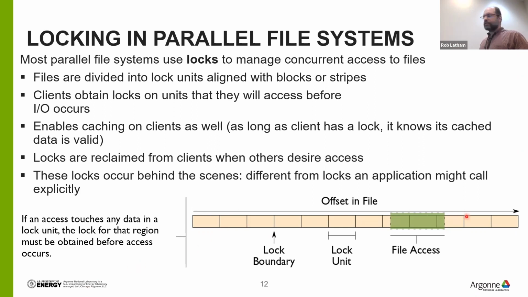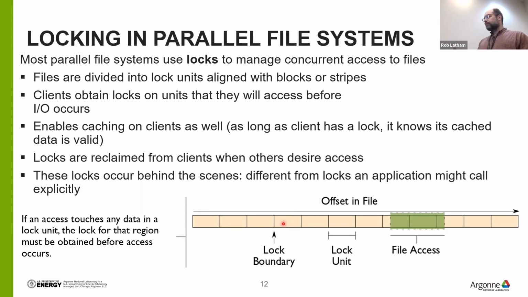You can picture a file, and it's split among the different units of the file. Each unit, maybe it's a page of memory or a block on the file system, could be anywhere from 4 kilobytes to several megabytes. It would be too difficult to have exceedingly fine-grained byte by byte locking.